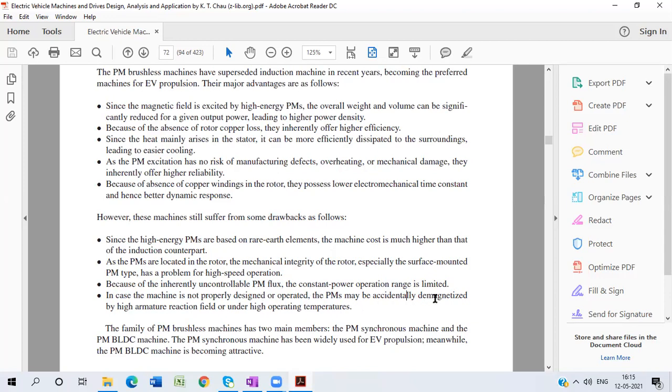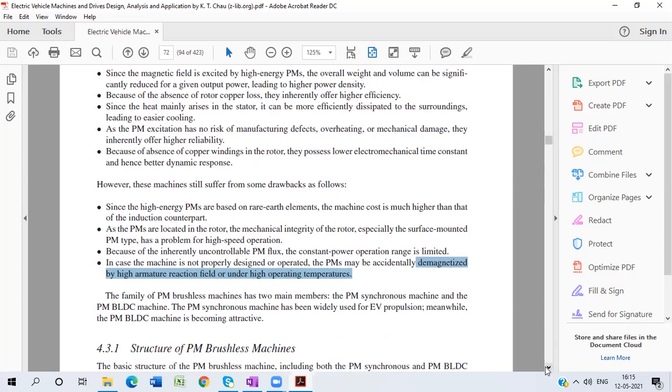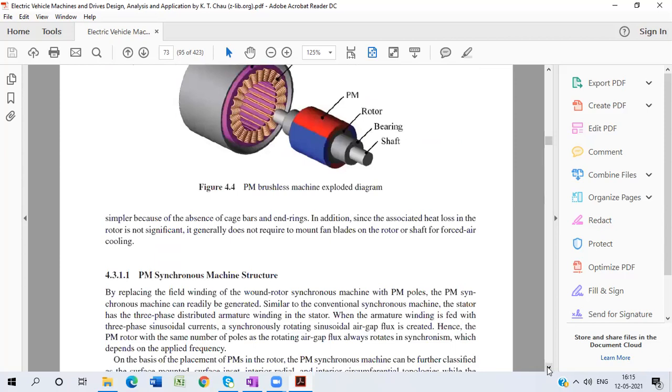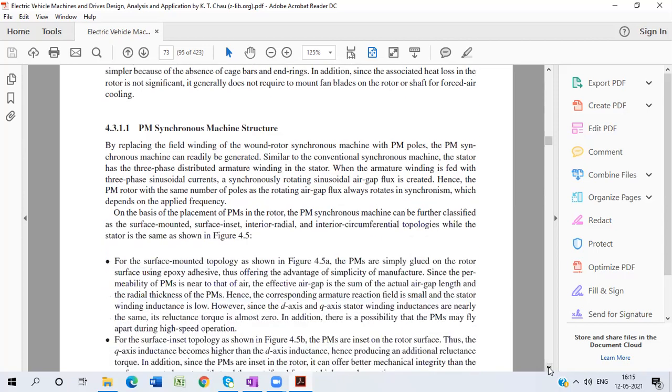The second thing you can see is how the permanent magnet machine is demagnetized. From this particular point you can find this out. A few MCQs may arise from this portion. Then we can see what the power output of the PM synchronous machine is.